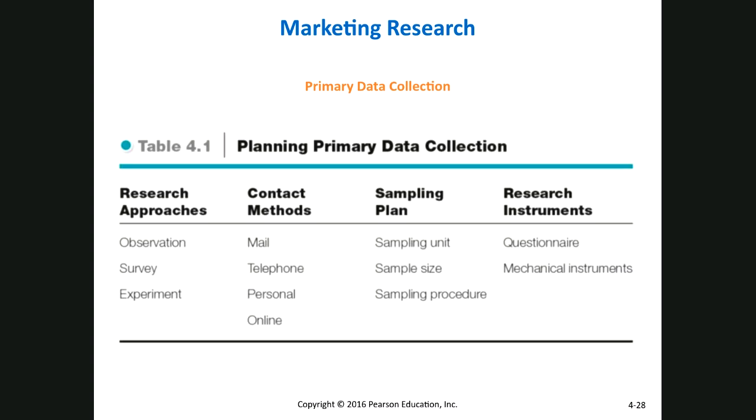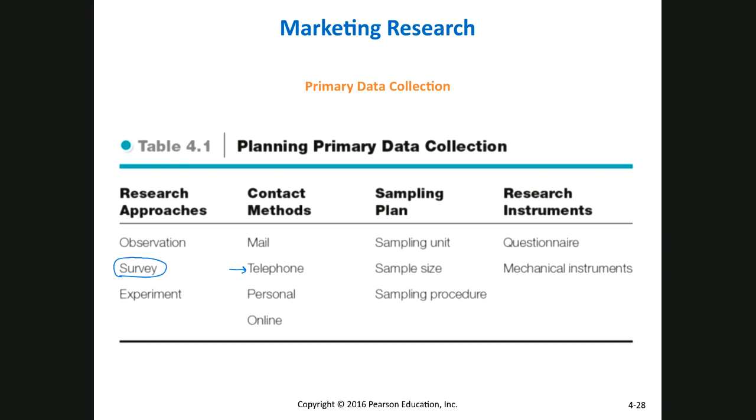This is a nice chart that's in chapter 4. So let's say we're going to create a survey on Qualtrics or SurveyMonkey. Now, are we going to call people and ask them those questions over the phone and then log them ourselves?